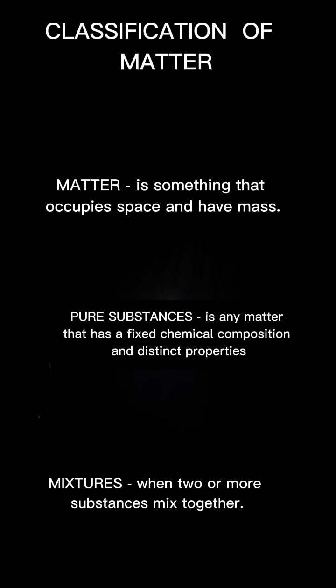Classification of matter. Matter is something which occupies space and has mass. Matter is divided into two categories, which are pure substances and mixtures. A pure substance is any matter that has a fixed chemical composition and distinct properties, while a mixture is when two or more substances mix together.